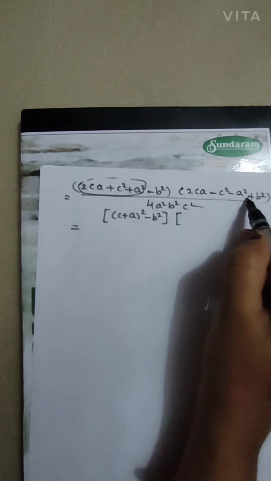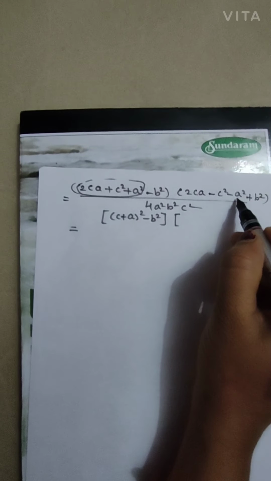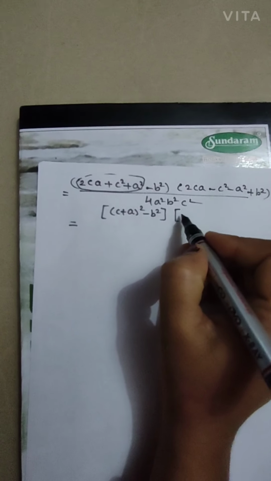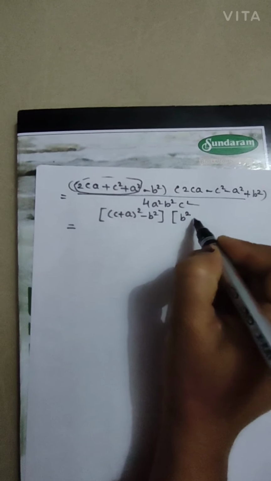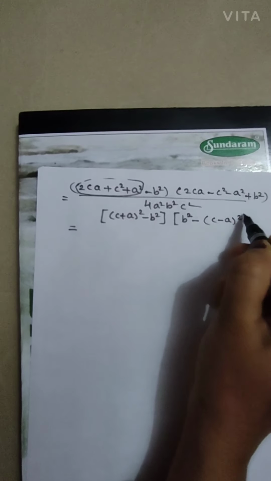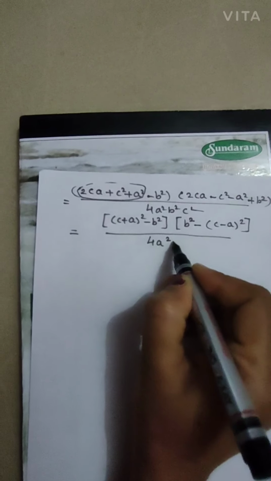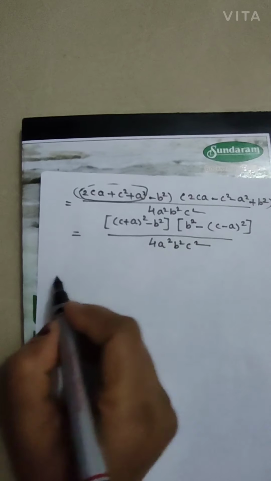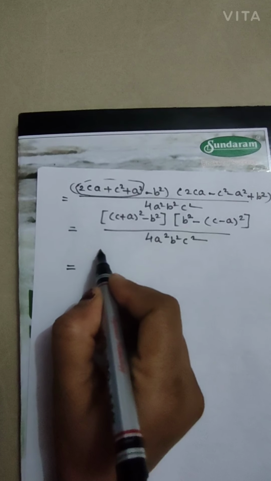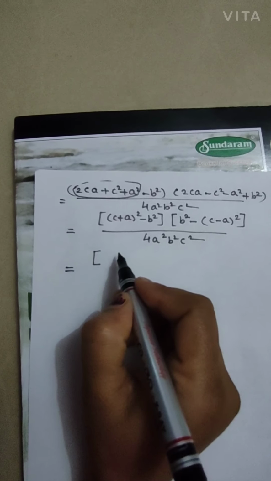And for this, you can also take the minus sign common here, and after that your term becomes like this, over 4a square b square c square, which is equal to, now what to do here?